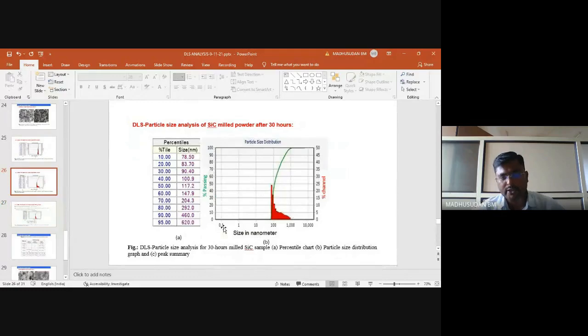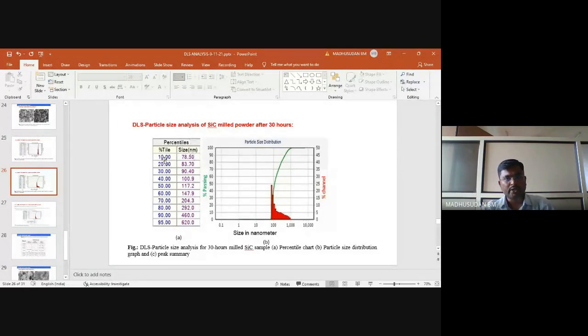In that case study, we are discussing the micron size silicon carbide particle that has been ball milled for another 10 hours, and the sample has been tested with the help of this DLS technique. The test result is visible like this.